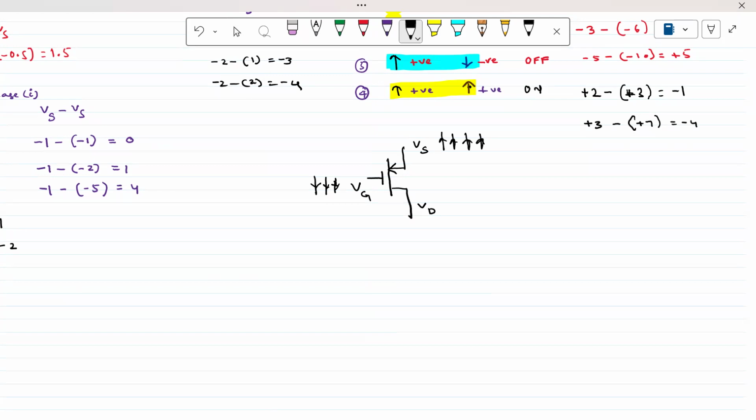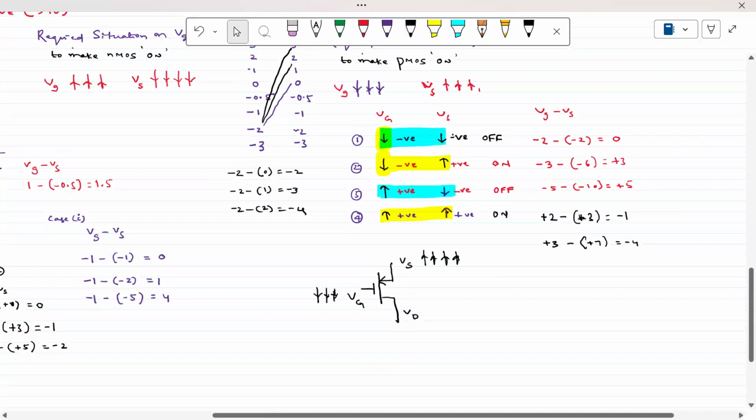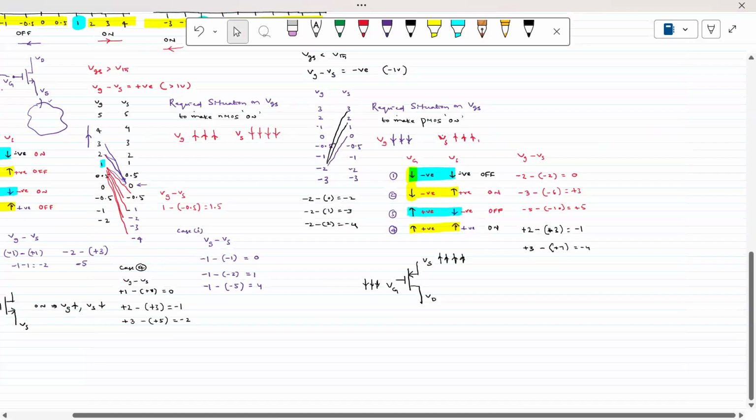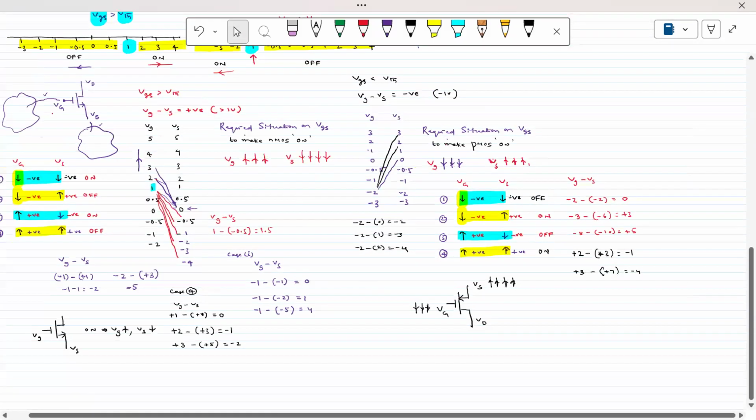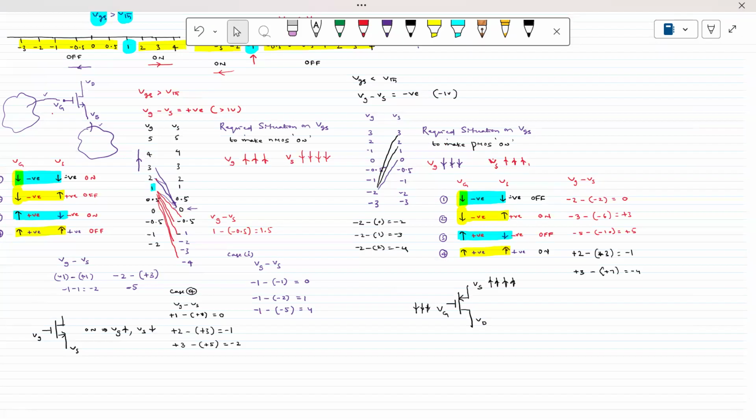So these are the possibilities about the source potential and gate potential. The moment circuits come into the picture, if you are asked whether the transistor is on or off, by the potential of the gate and the source you should be in a position to say whether the transistor is on or off.